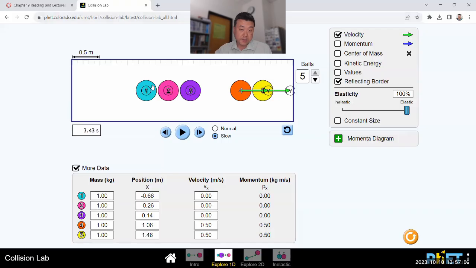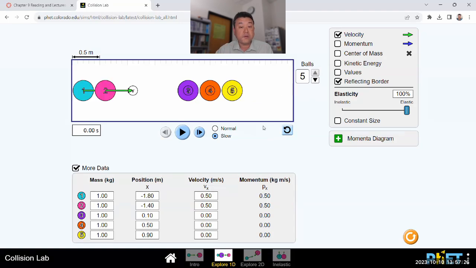Even though this is quite a complicated series of interactions, when you're analyzing it algebraically, you didn't have to take into account all the intermediate collisions. As long as you had the confidence that momentum is conserved and energy is conserved with each interaction, you can just do the analysis from the very beginning to the end. You don't have to go through all the intermediate interactions.